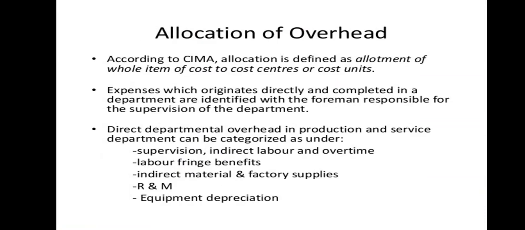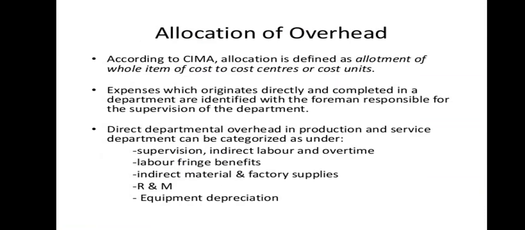According to CIMA, allocation is defined as allotment of whole items of cost to cost centers or cost units. So we need to allocate the overhead cost to cost centers or cost units based on the requirement and need.